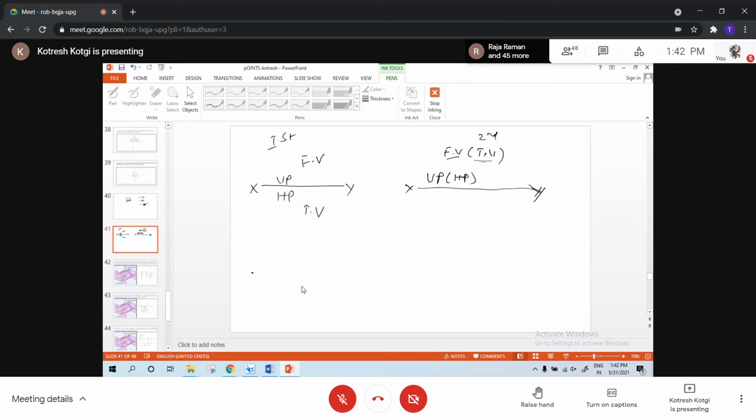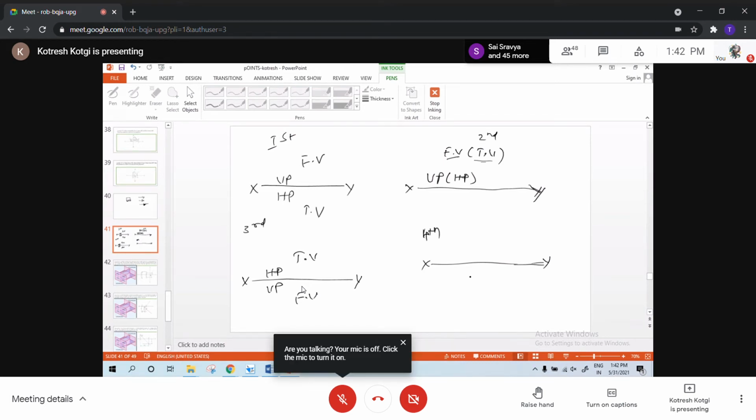In the third quadrant, XY, HP will come above the XY line, VP will come below the XY line. So top view will be above the XY line, front view will be below the XY line in the third quadrant. Now in the fourth quadrant, what is that?